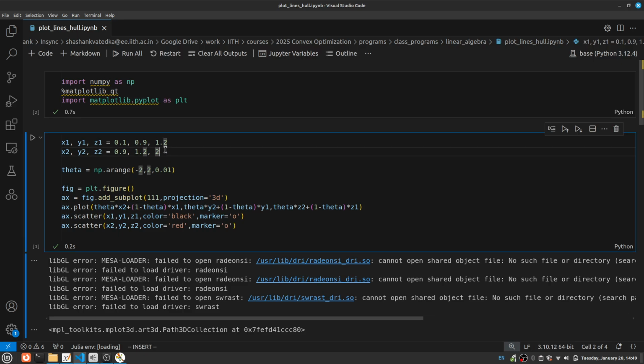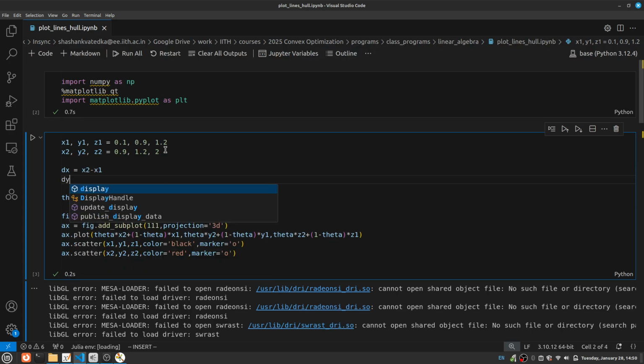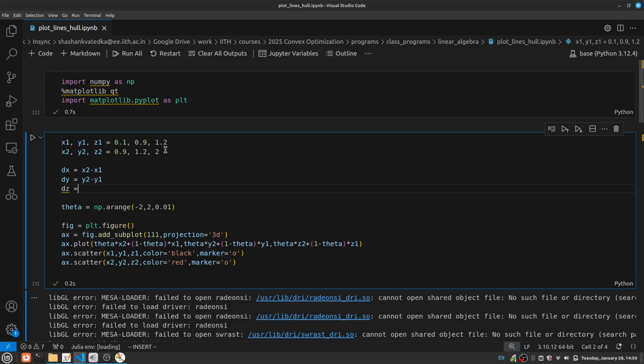So let me define the direction, dx, dy, dz, to be dx equals x2 minus x1, dy equals y2 minus y1, dz equals z2 minus z1.